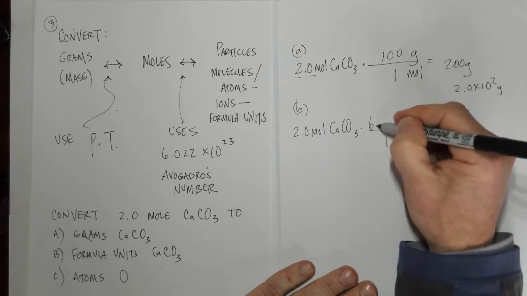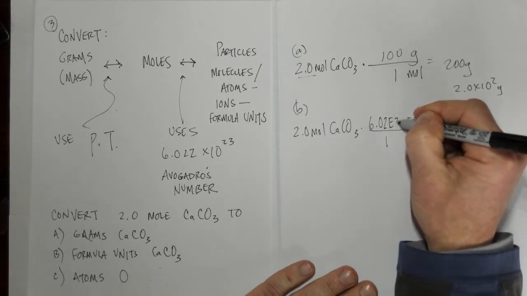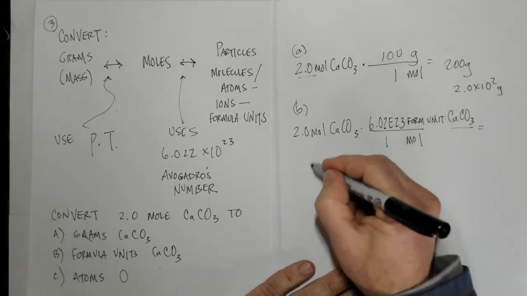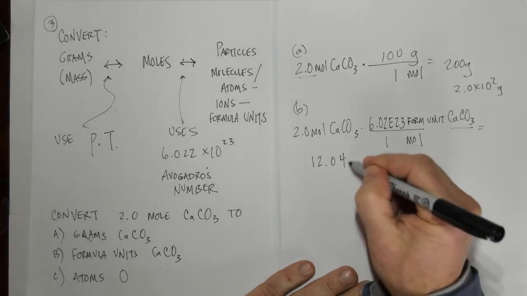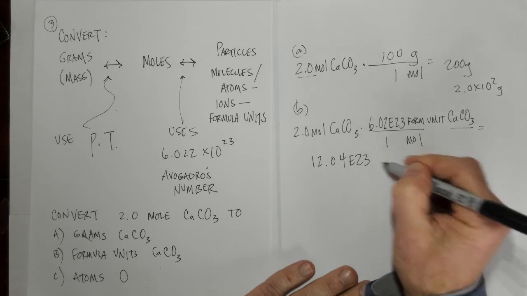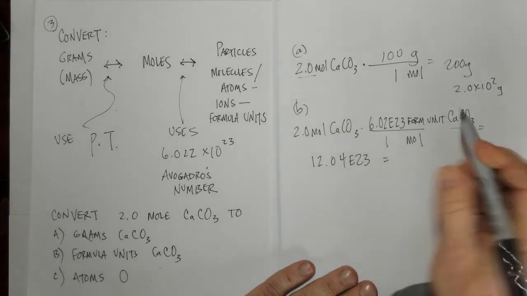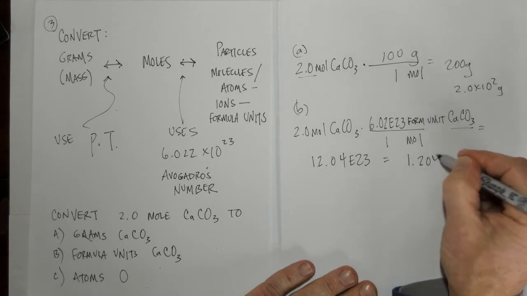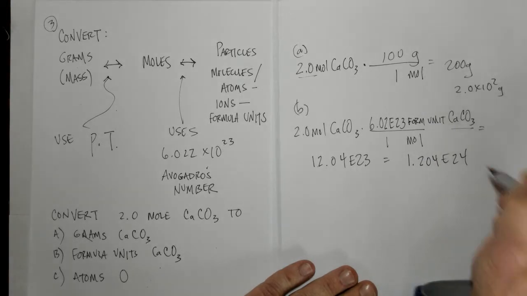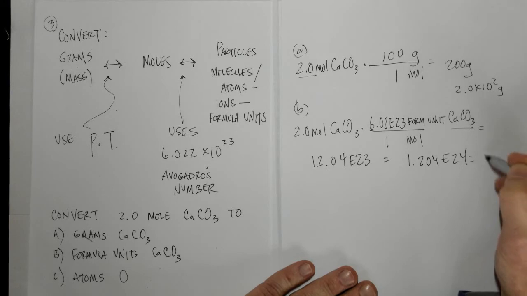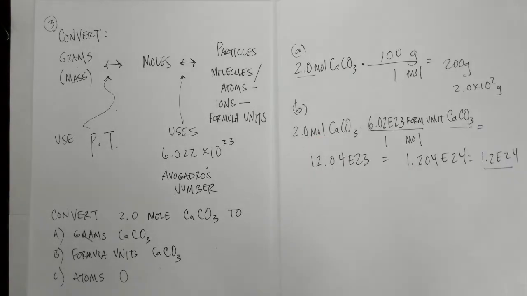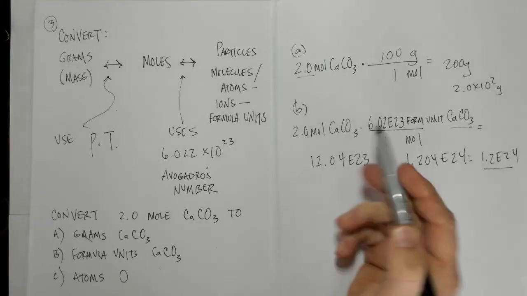And in 1 mole, there are 6.022 times 10 to the 23rd things. 2 times 6 is 12, so you're going to get about 12.04 times 10 to the 23rd. Or if you want to do the scientific notation right, 1.204 times 10 to the 24th. Or to the correct number of sig figs, 1.2 times 10 to the 24th, because there are only 2 sig figs in this particular measurement.